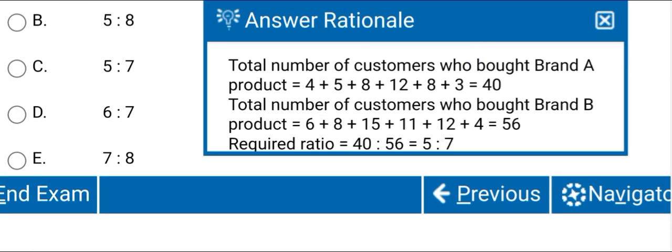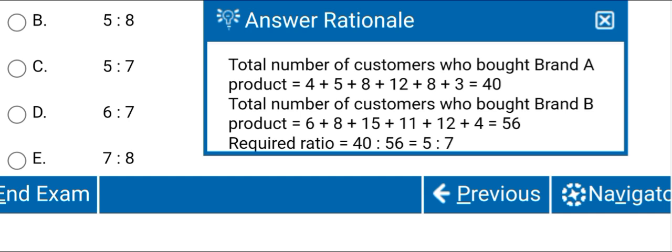As the total number of customers who bought brand A product equals 4 plus 5 plus 8 plus 12 plus 8 plus 3 equals 40. Total number of customers who bought brand B product equals 6 plus 8 plus 15 plus 11 plus 12 plus 4 equals 56.